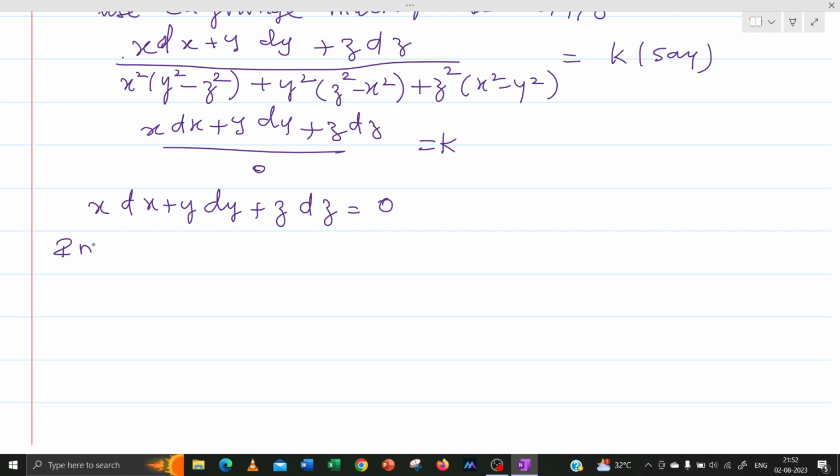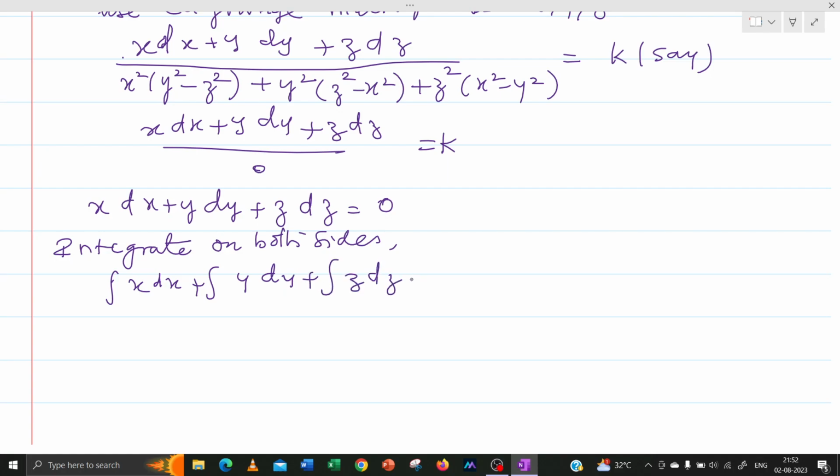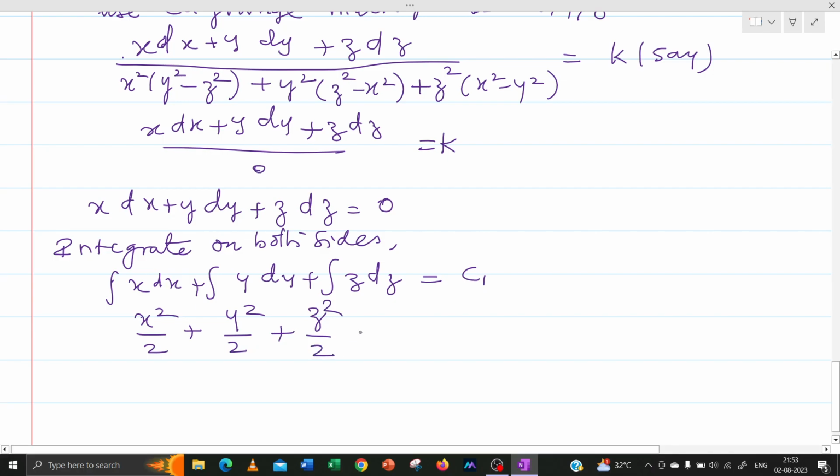Integrating on both sides, we get integral x dx plus integral y dy plus integral z dz equal to some constant c1. That means x square by 2 plus y square by 2 plus z square by 2 equal to, since 2 is everywhere, in the constant also you can add c1 by 2. That gives x square plus y square plus z square equal to c1, which is solution u.